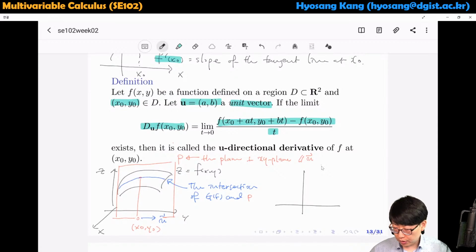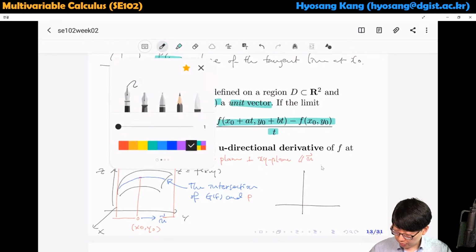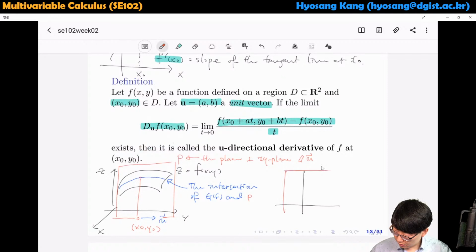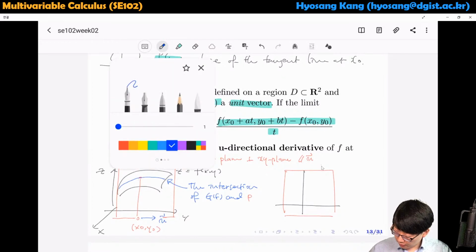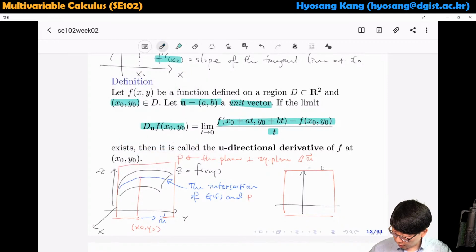So let me take this P plane here. I don't want to put axes here, but just put a horizontal and a vertical line, as if it's an xy plane, but this is actually the P plane. The vertical axis is actually a z axis, and the horizontal one is parallel to the u direction.